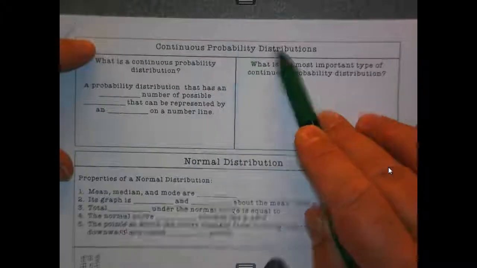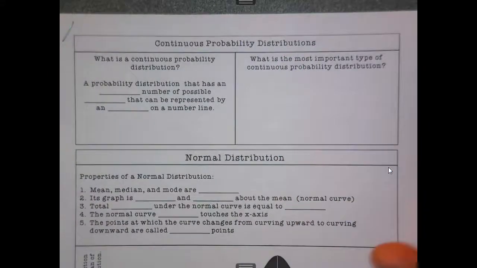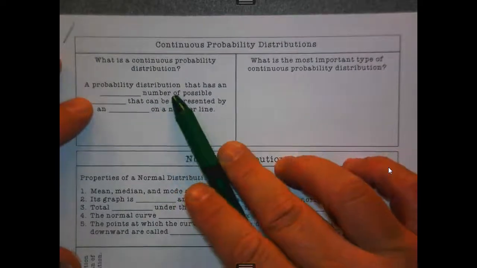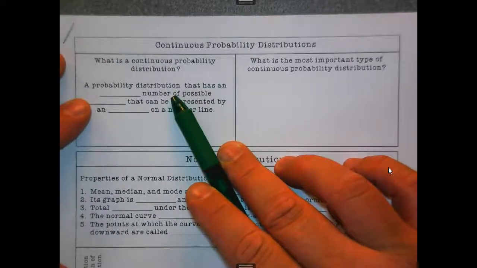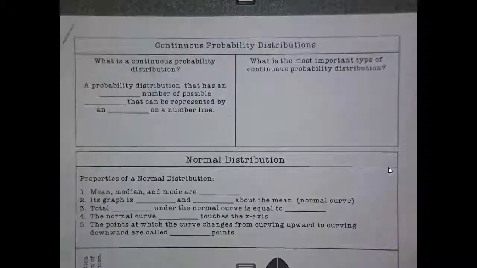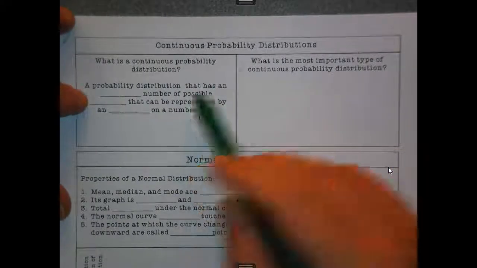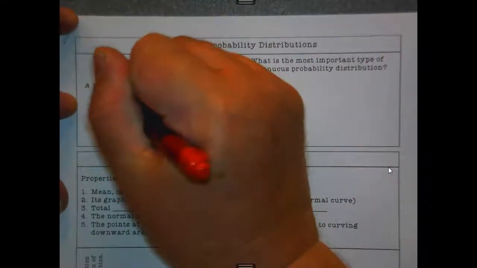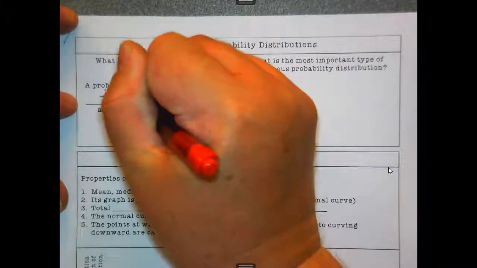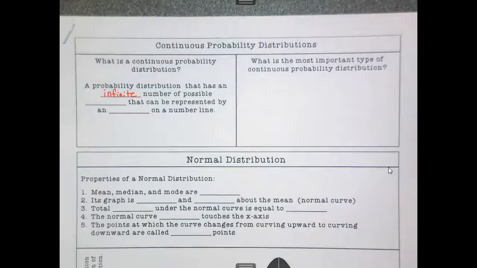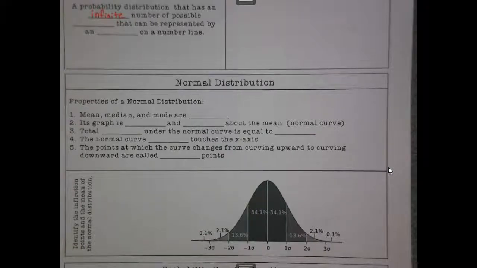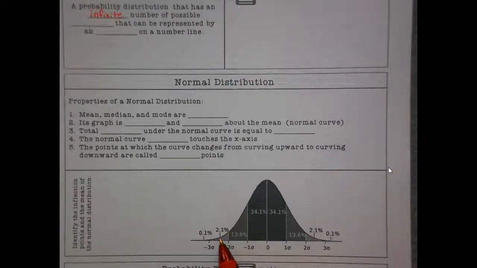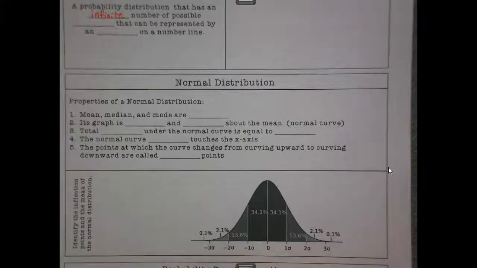So continuous probability, I don't want to get too much into what continuous means, but you should know that the probability distribution, which now we're going to be talking about, this bell curve, right? It has an infinite number of possibilities. Why does it have an infinite number of possibilities? Looking at the picture here, it comes close to our x-axis, but it never crosses it.